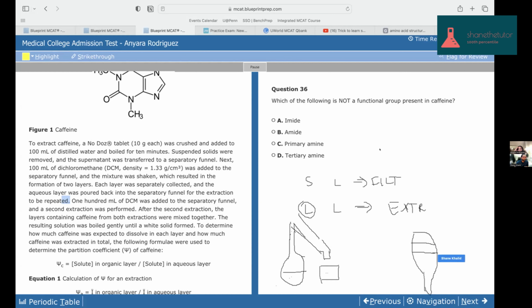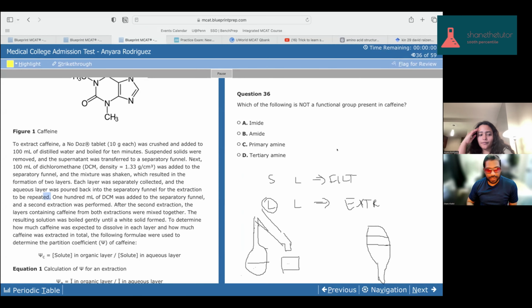Whichever liquid is more hydrophilic than hydrophobic will end up in the aqueous layer, and whichever is more hydrophobic and lipophilic will be in the organic layer. Yep. So basically the buzzwords here are separatory funnel and extraction. We see separatory funnel here, extraction here, right?